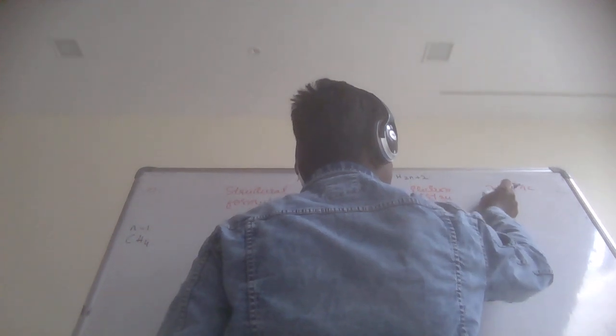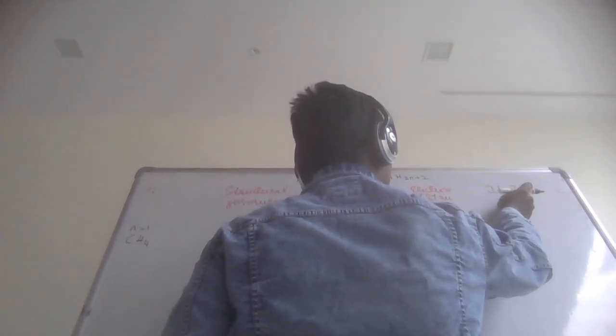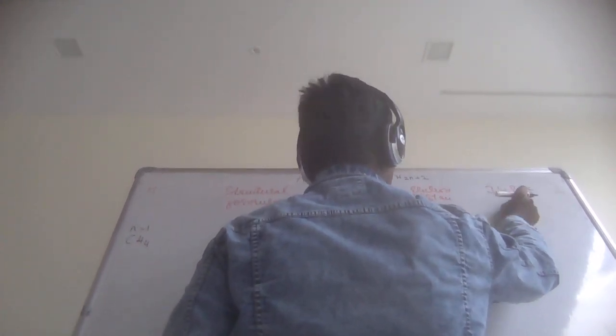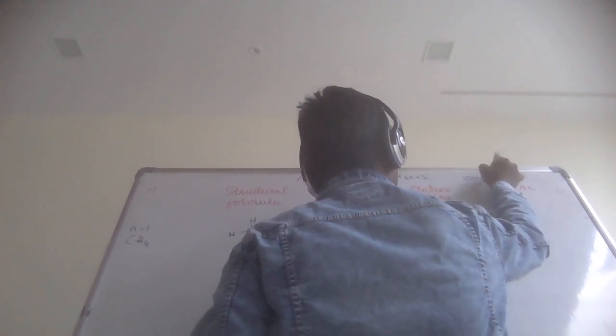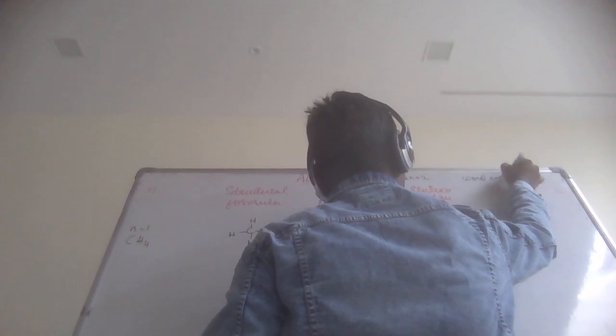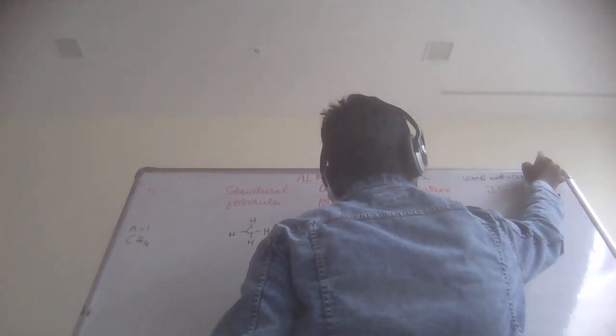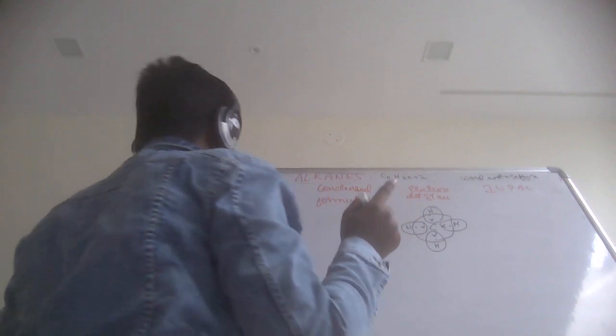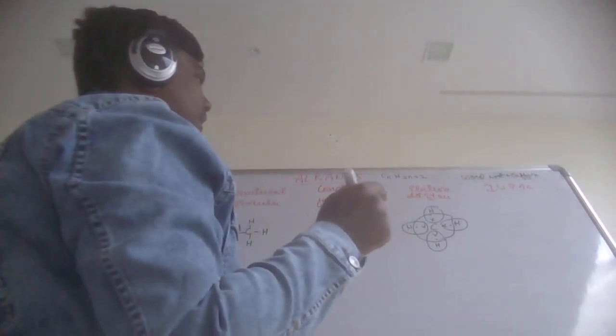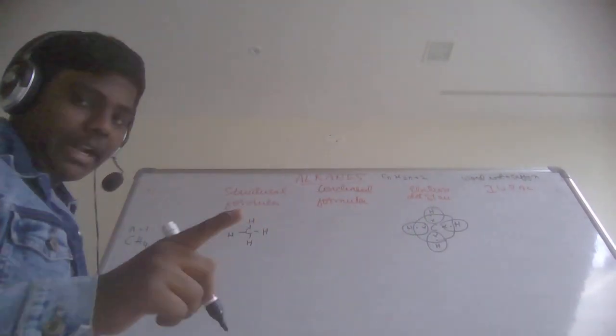Now coming to IUPAC names. IUPAC, the International Union of Pure and Applied Chemistry, has named compounds basing on this formula. It will be taking a word root and then adding a suffix. Now if you see here, the word root is dependent on the number of carbon atoms.